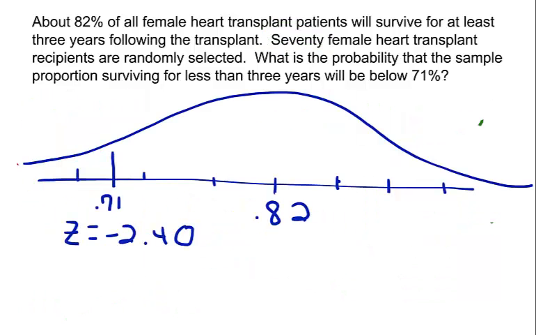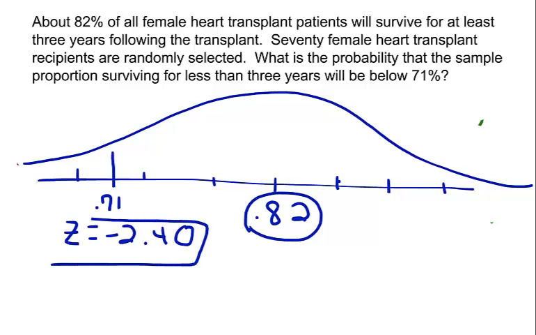What this means is that, assuming our sample proportion is normally distributed, the distribution of the sample proportion is centered at the population proportion, p. What is the probability that the sample proportion of female heart transplant patients surviving for less than 3 years will be less than 71%?